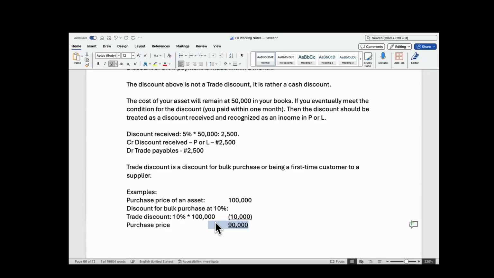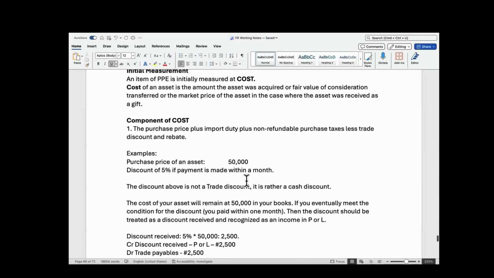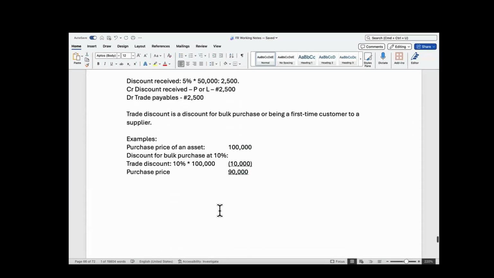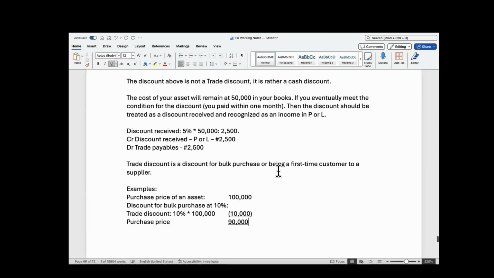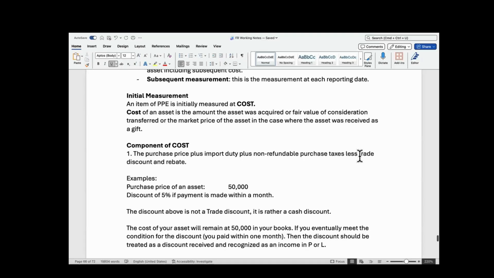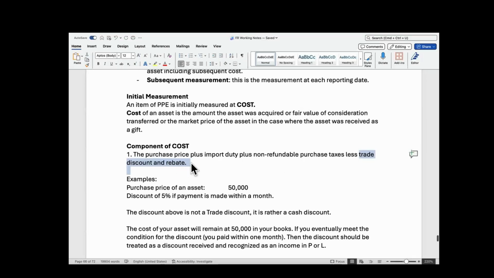So you just enter the 90,000. But for cash discount, you will still see the 50,000 there. The 5% is just a condition that we might give you and we might not. This one, you get it immediately. And that's the trade discount we want you to deduct from here.